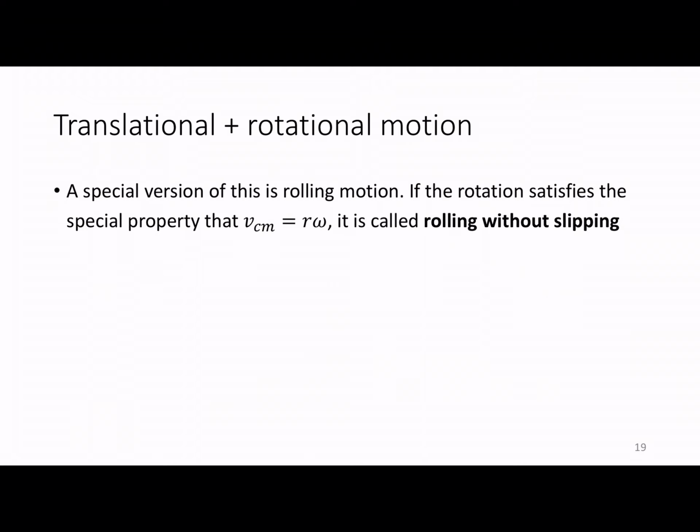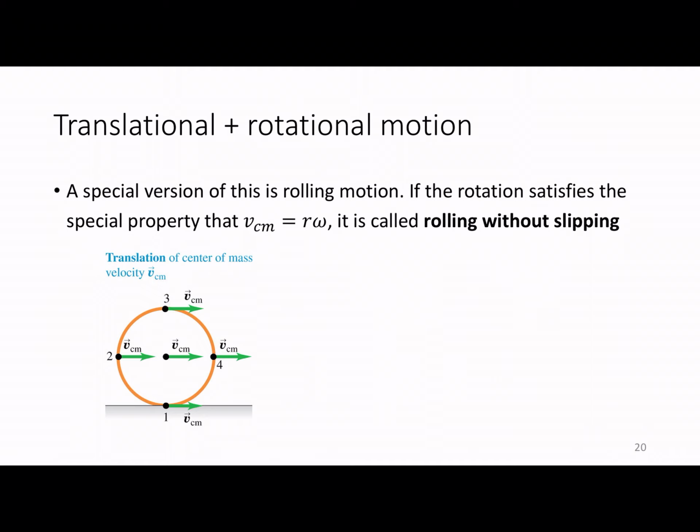All right. So we're going to see there are a lot of very nice properties here. The first one I want to demonstrate by just tracing out what's happening. So if you think about this, as I told you, I can always break up my motion into translation plus rotation. So if you just look at the translation, it looks like what I've drawn here. Each of the points moves together at a constant velocity, which is the velocity of the center of mass.